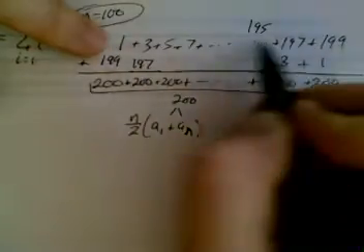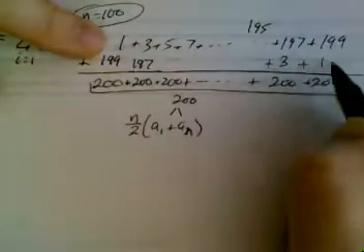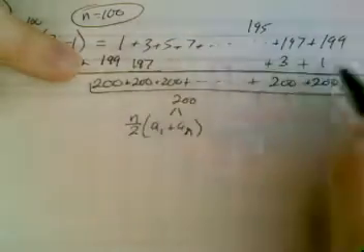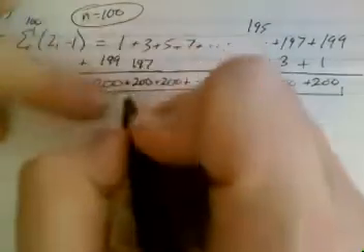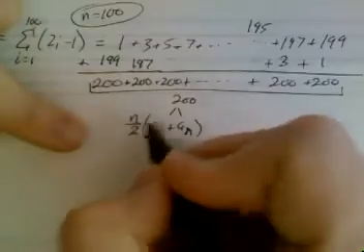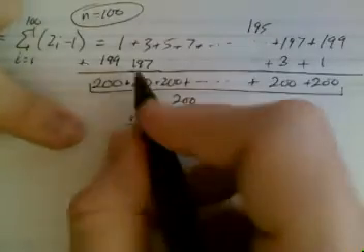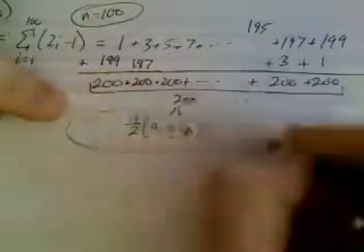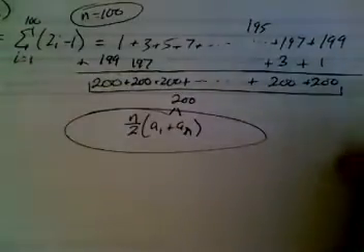This is the actual series that I wanted. This is a second counting of that series. 100 terms, the last and first term added together is 200. I want to divide it by 2 because I counted every single one of these terms twice. That's how that makes sense.